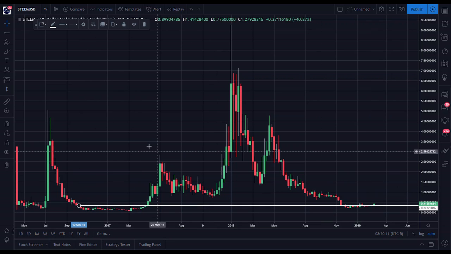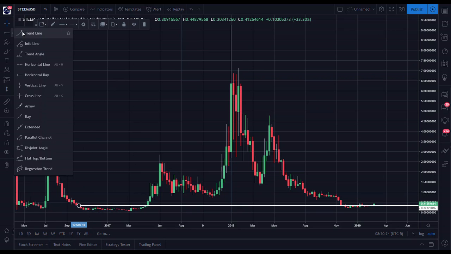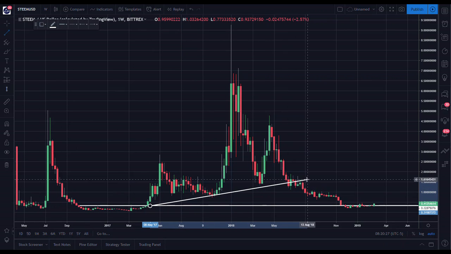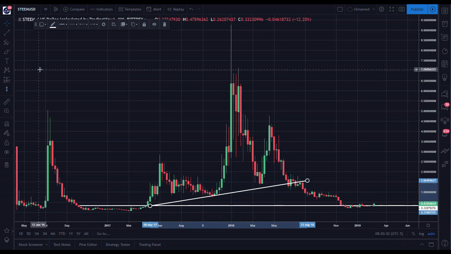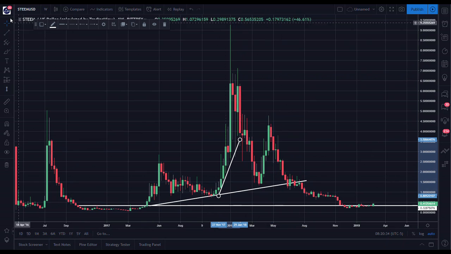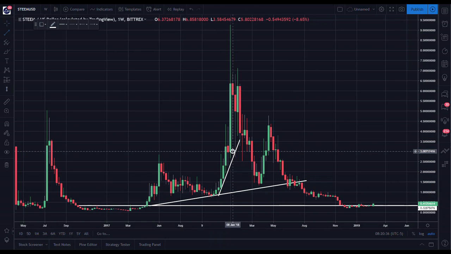So we can say this is phase 1, this very long lateral horizontal price direction. And if I can then take the trend line and call this a phase 2, and we clearly had a phase 3 and a vertical phase 4, let's say.